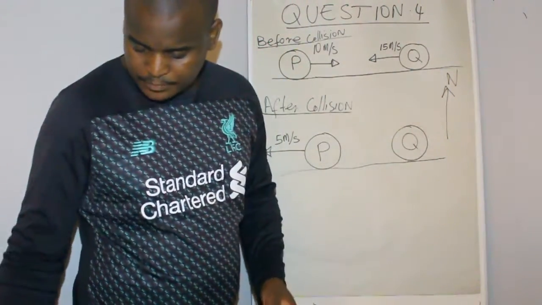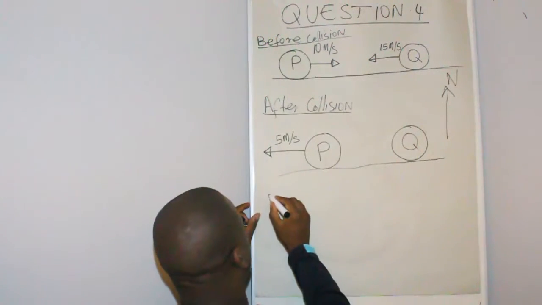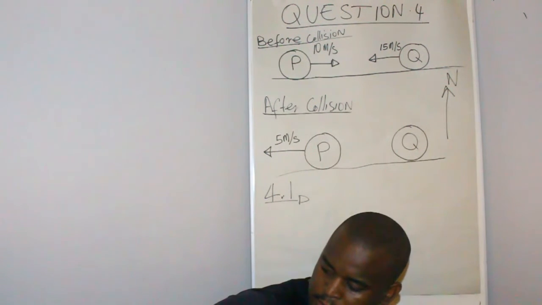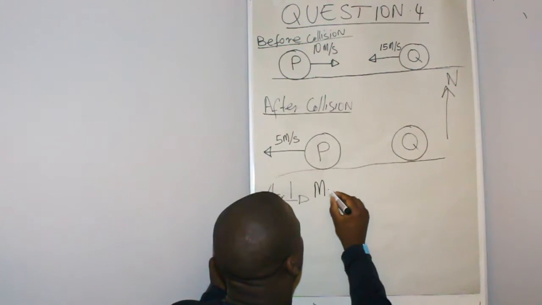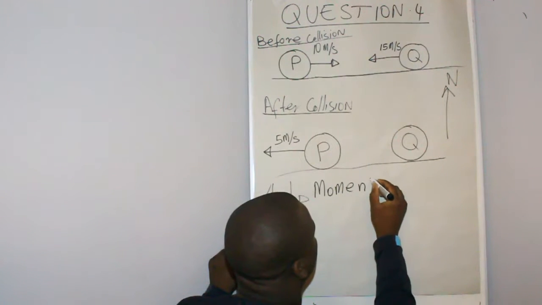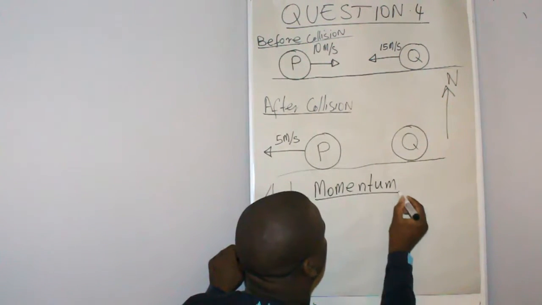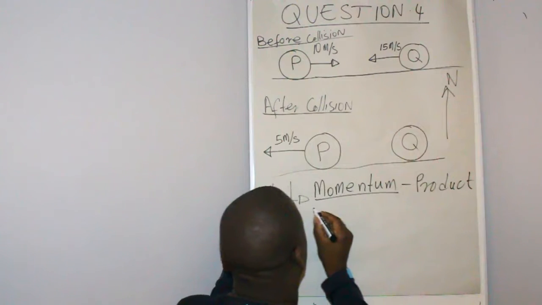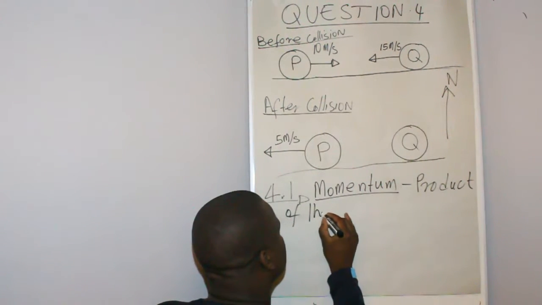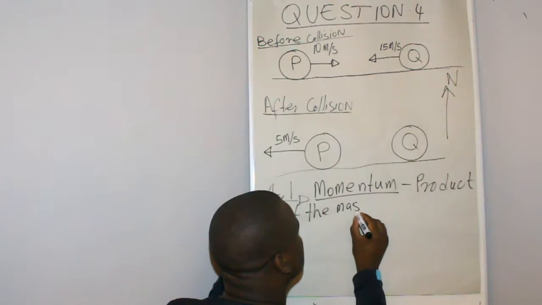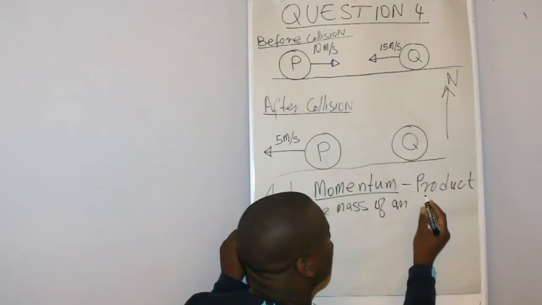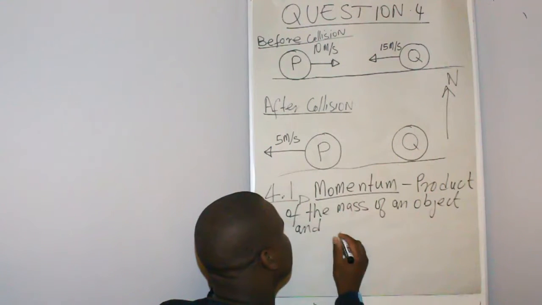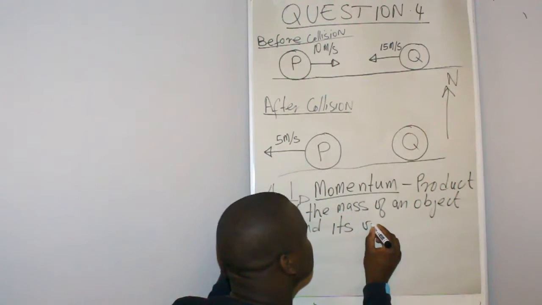So I'm going to write it down. This is 4.1. Momentum is the product of the mass of an object and its velocity.